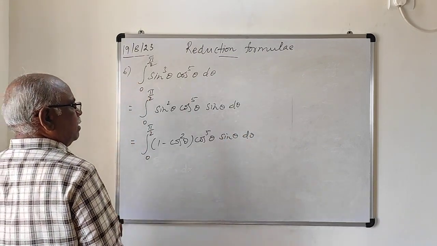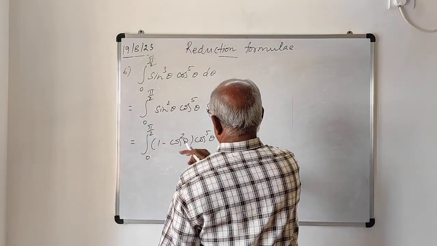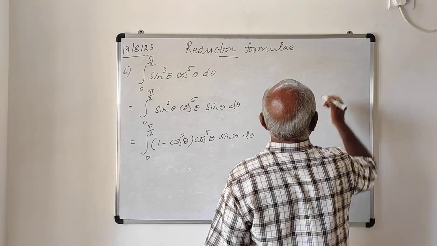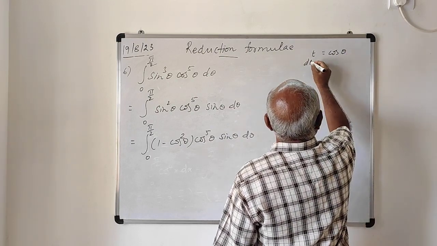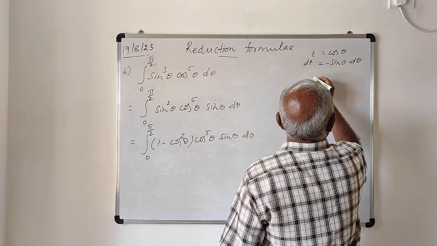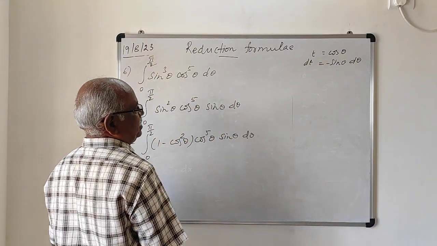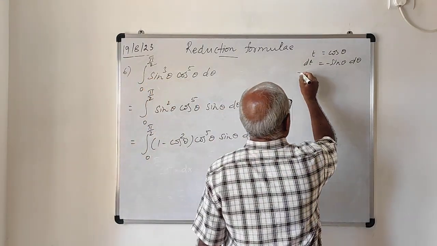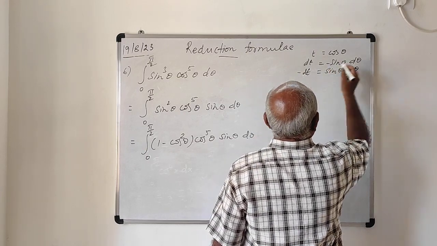So in this case, put t equal to cos theta. So dt equal to minus sin theta d theta, or minus dt equal to sin theta d theta.